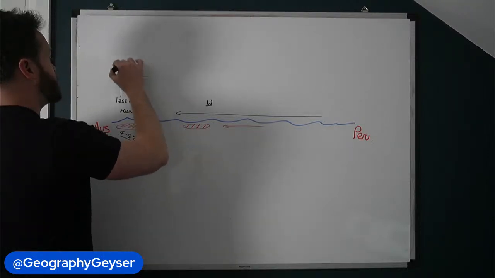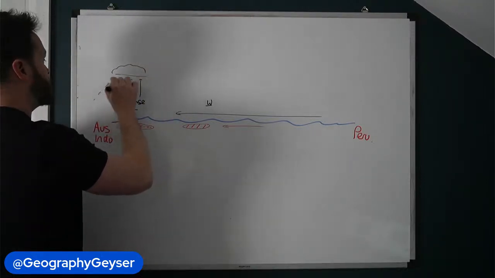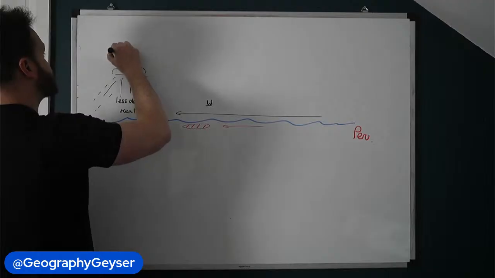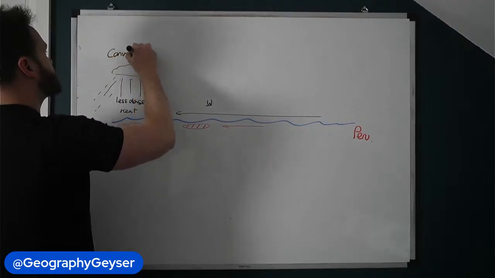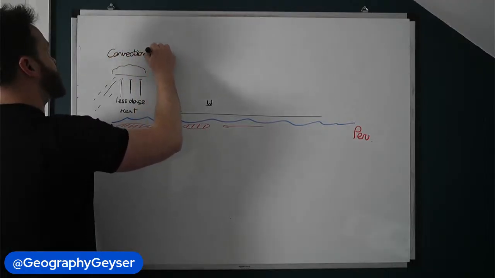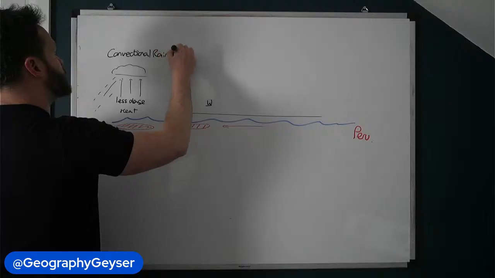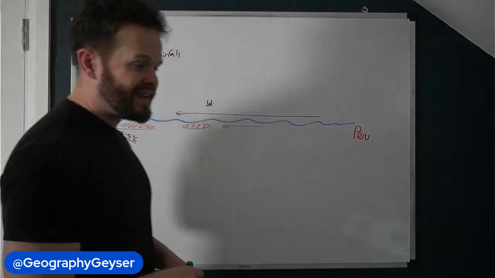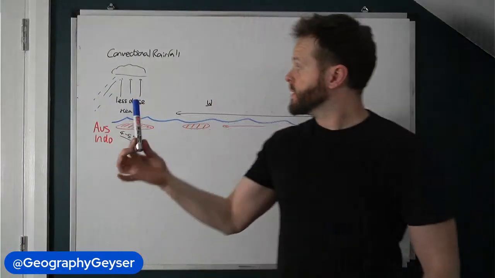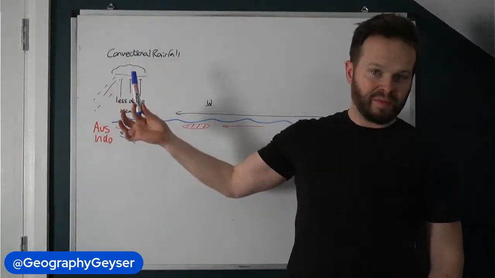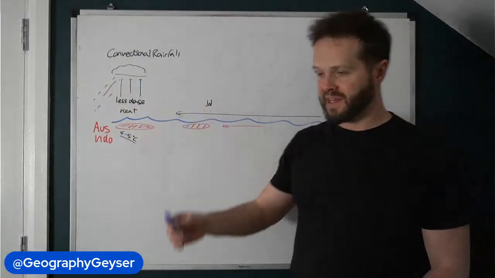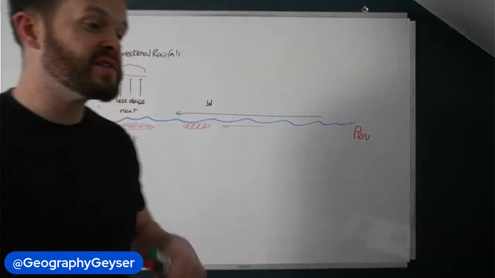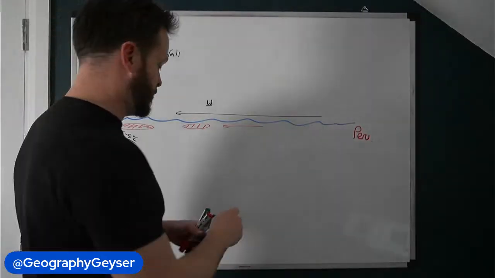And when you have rising air, what that will make is convectional rainfall. So during a normal year, there will be more of this taking place. So you'll have an expected amount of rainfall.